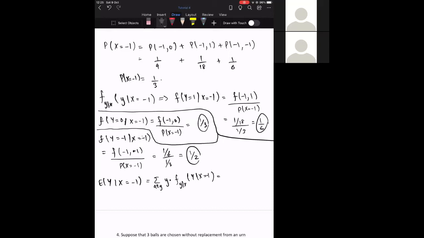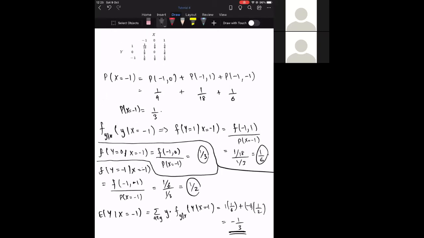For y equal to 1, we have 1 times 1 over 6. When y is 0, we don't need to calculate for that. And when y is minus 1, we have the probability of 1 over 2. This just becomes minus 1 over 3. So the expected value of y given x equals minus 1 is minus 1 over 3. Is this clear? If there are any questions you may ask.